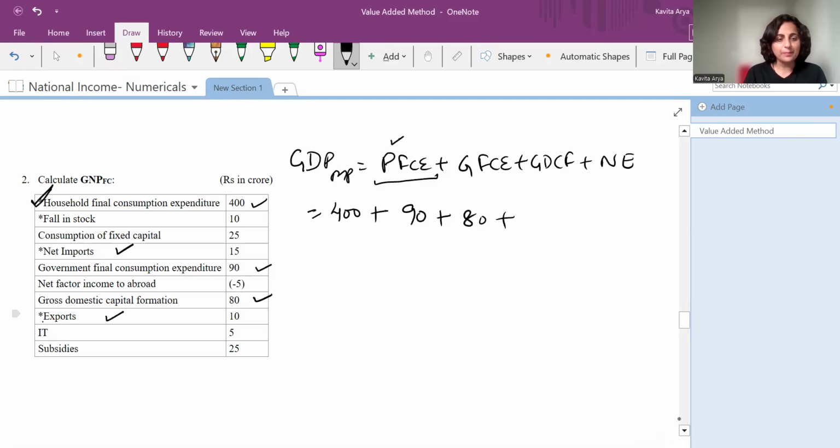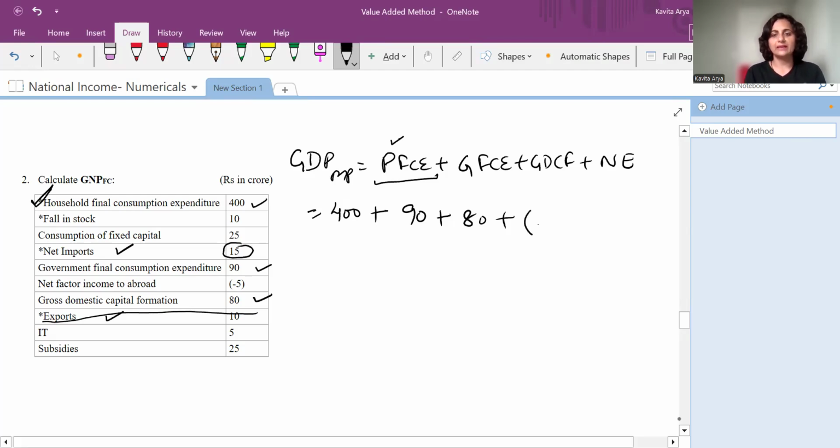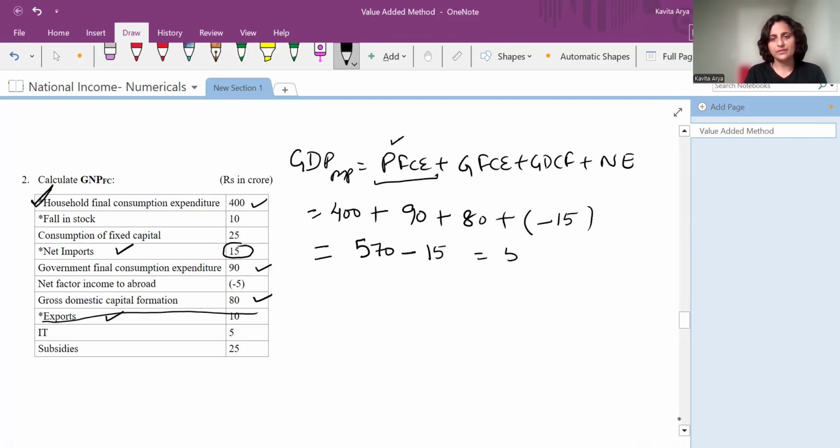It means the trap is this: we would overlook the exports but we will take net imports with the opposite symbol, that is minus 15. So how do we go about it? This becomes 170, so this becomes 570 minus 15, that is 555. So this is rupees and crores.